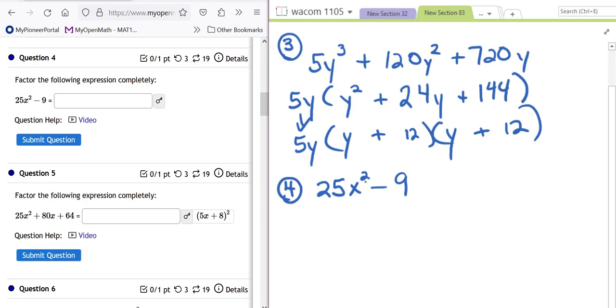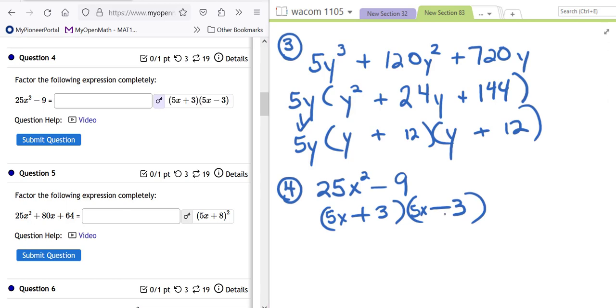So an exponent of 2, you have to try squares. This is a perfect square. It ends in a perfect square. And these have a set pattern. You do get the 2 parentheses like FOIL, always different signs. And it's going to be your square roots. 5x, 5x, and 3 and 3. And it's good. Make sure you have different signs.